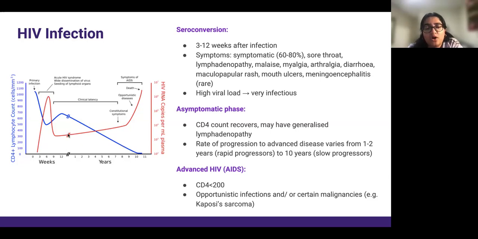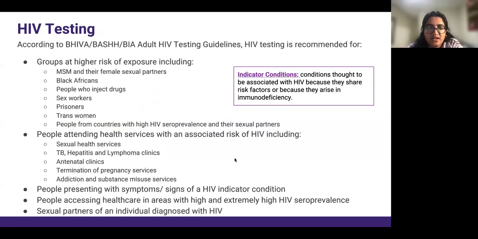And meanwhile, the viral load of HIV slowly increases to a point where if it's not picked up and not treated, you get something called advanced HIV, which is when the CD4 count drops below 200 and you're at risk of opportunistic infections that you wouldn't have normally got before, and even certain malignancies. So HIV testing should be offered to anybody who is at higher risk of exposure.